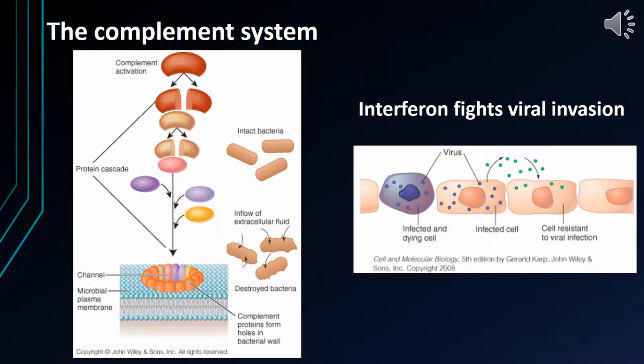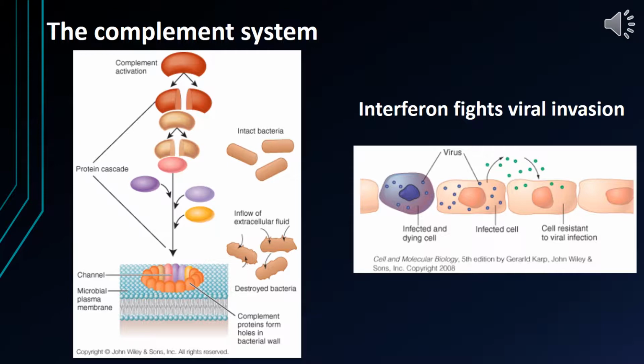Just know that in the complement system, we stack up these various antimicrobial proteins to create an antimicrobial missile of sorts, which we then shoot at the bacteria, creating a hole in its plasma membrane. Water flows into this hole, which disrupts the internal mechanisms of the bacteria, leading to the death of that bacterium.